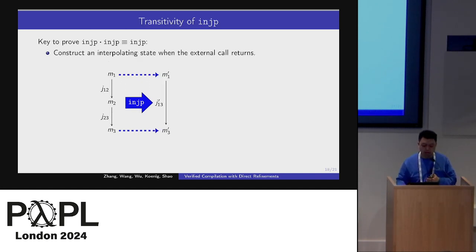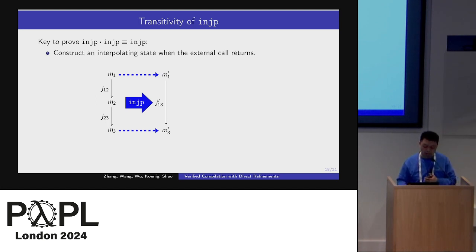The proof of transitivity is actually quite non-trivial. The key step is at the external call point, where you want to pretend that you only have a single INGP relation. We start from a composition of two injections, and these injections get evolved throughout the external call.